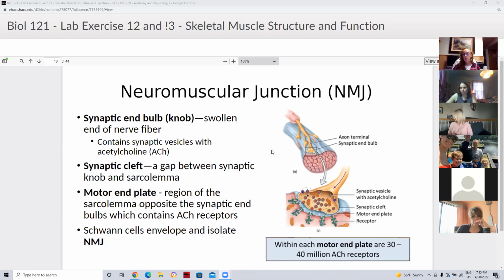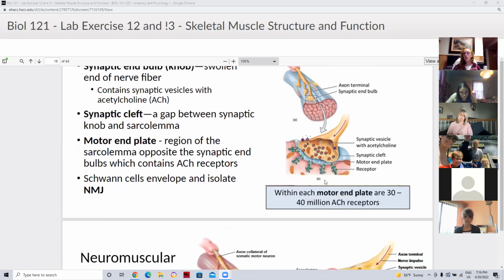So we have the synaptic end bulb, and then we have the synaptic cleft, which is the gap between the synaptic knob and the sarcolemma. Remember, the sarcolemma is the plasma membrane of the muscle fiber.